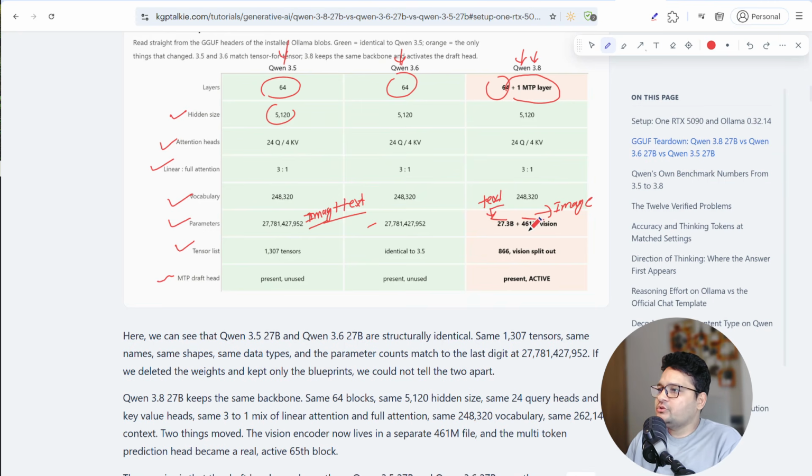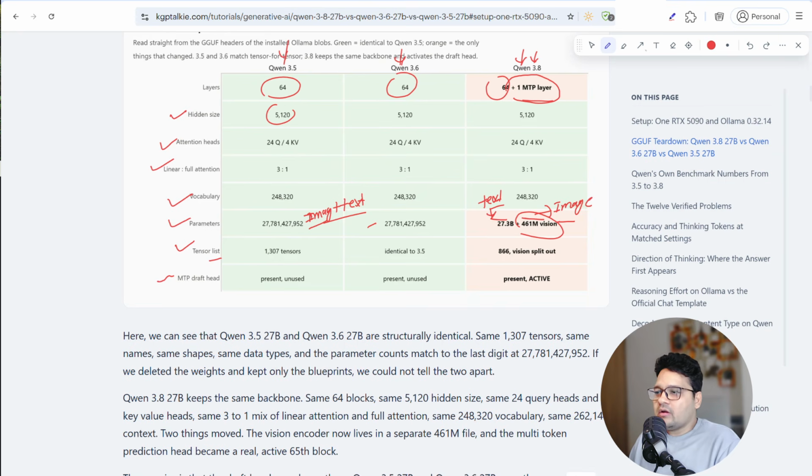Since they split this, there is a different split for the vision weight. Because of that, you will notice there is a little bit of difference in the tensor list as well. So overall, there are two minor differences, but a great improvement. The two minor differences in Qwen 3.8 are the additional MTP layer, and that they separated the vision encoder part from the overall weight. That is the only difference.